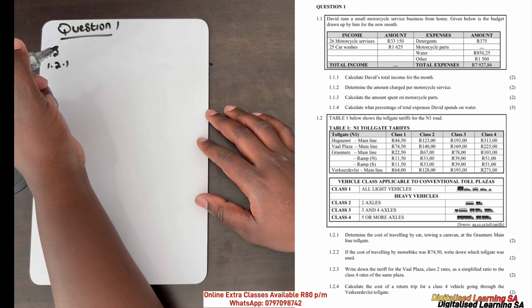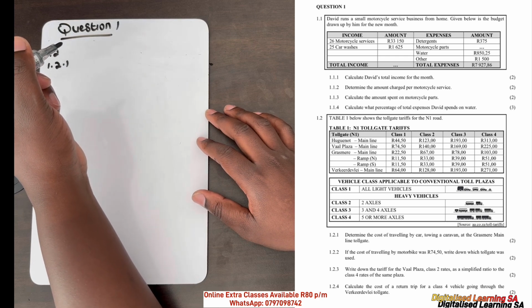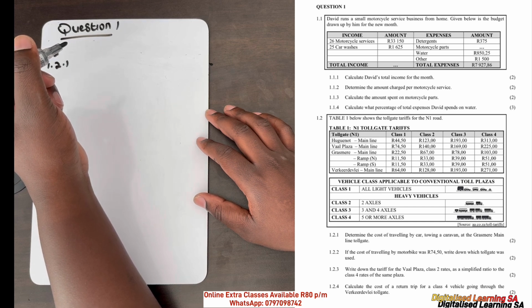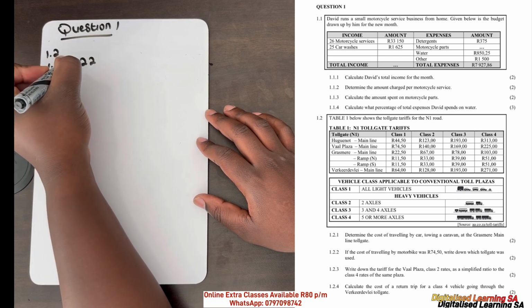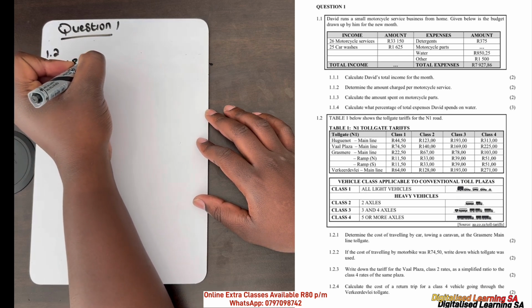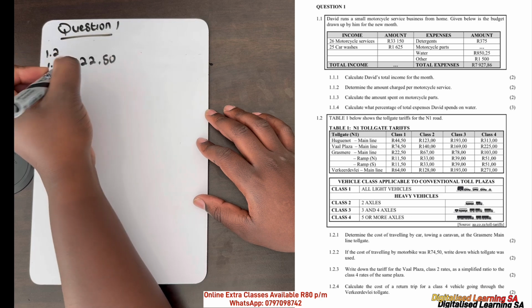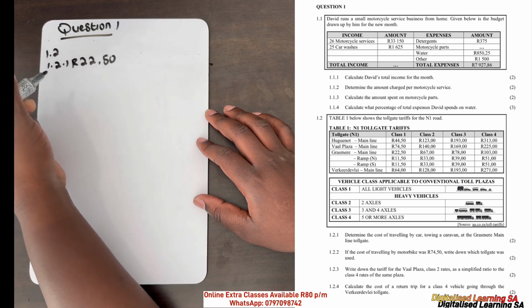So we can see that a car towing a caravan also falls under class 1. So we just go to the Grasmere main line toll gate and check under the class 1 column. So we can see that the price will be 22 rand 50 cents. So it will cost 22 rand 50 cents.